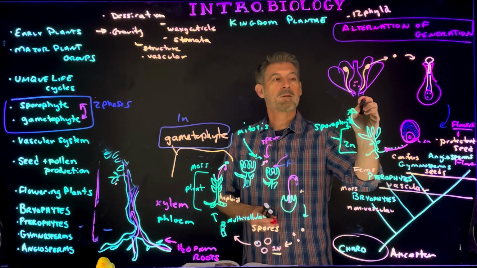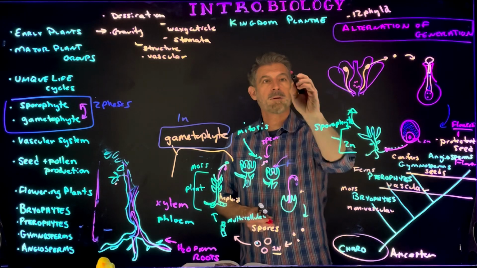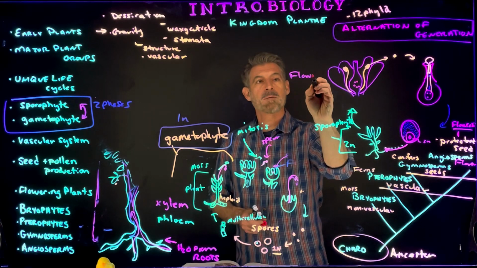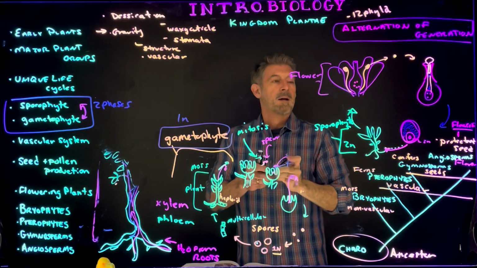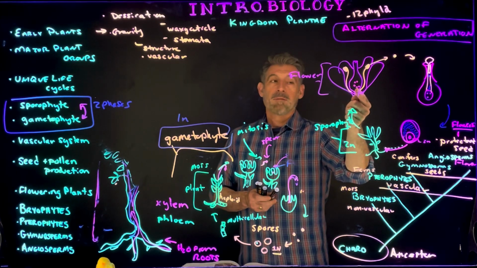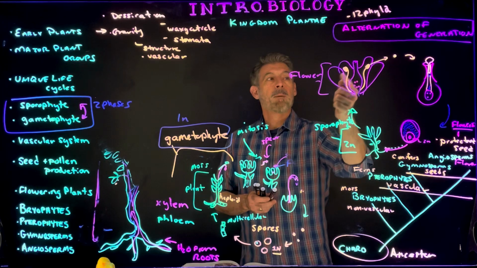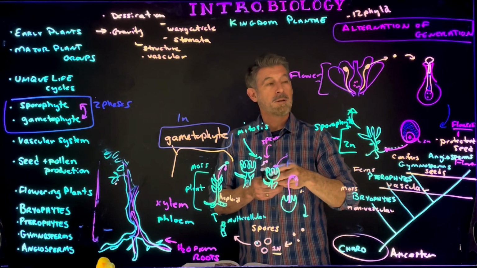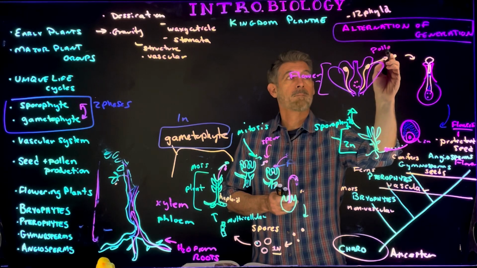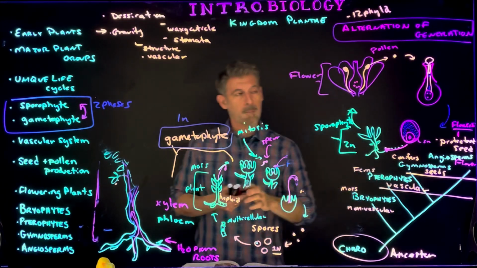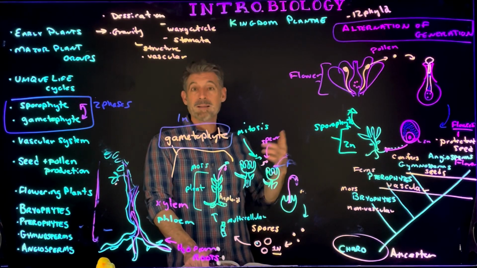So they can produce the ova in the flower. Without going through all the flower anatomy, which I could go through separately, we have the female part producing the ova, and the male part that can produce pollen. All right, the pollen then has to be distributed.